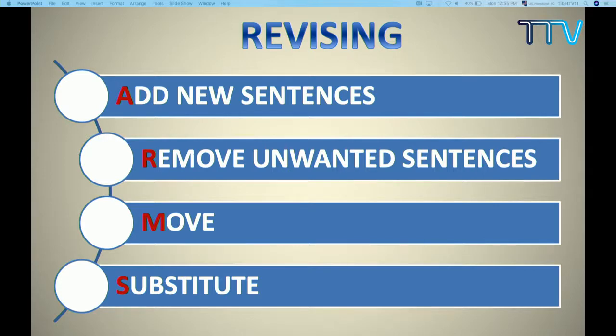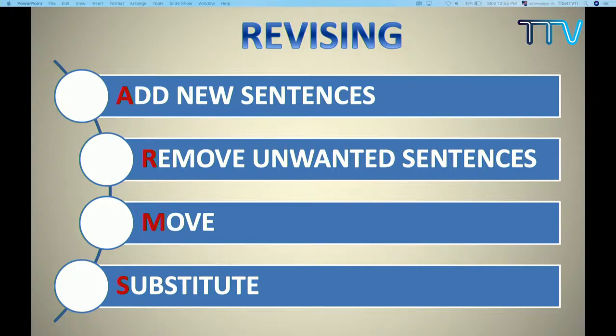What are you talking about? What do you want readers to know? Whatever you have written, do you think it serves your purpose of writing? Now you have to study all these things. So in revising, your work is more on the content rather than the mechanics of the writing. So you add new sentences.